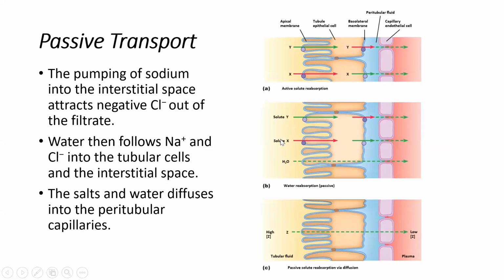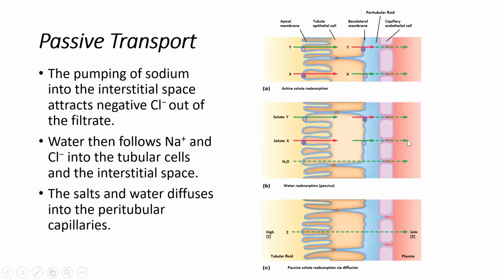So chloride is going to be actively pumped from the tubule into the cell, and then it's going to be passively moved from the cell into the capillary. So we can see here that solute X, chloride, is being pumped into this surface. And so because it's being pumped, it's going to build up in concentration inside the cell, and it's going to leak according to its gradient from the inside of this epithelial cell across into the peritubular capillary.